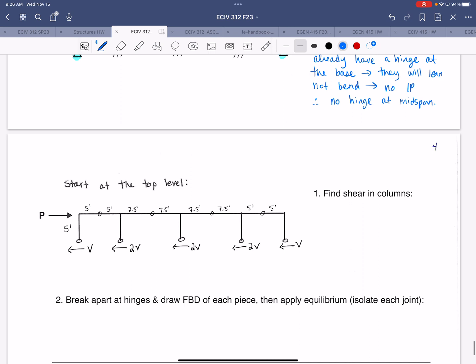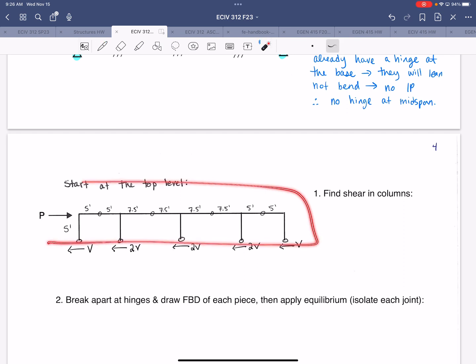All right, so we start at the top level. The first step is to find the shear in the columns. I've got all of the relevant dimensions noted, and we have the applied load shown at the top. We just broke this top part of the frame off and isolated it as a free body diagram.